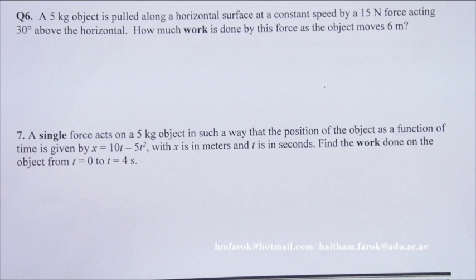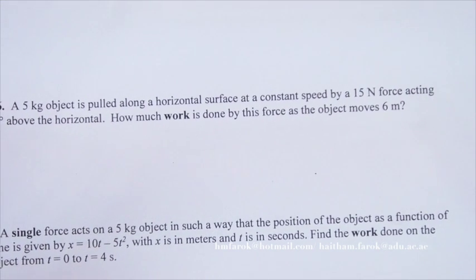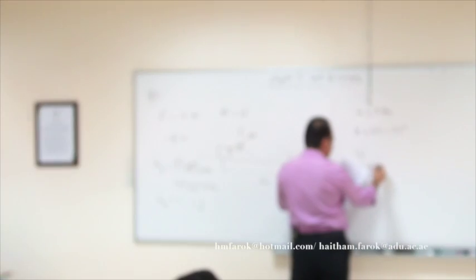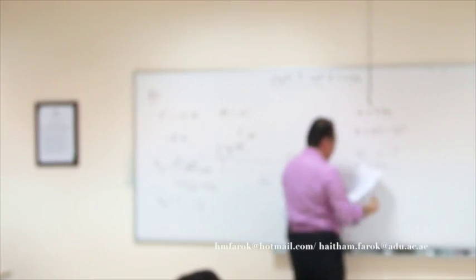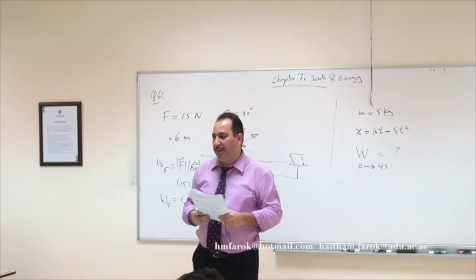X equal 10t minus 5t squared. X is in meters, t in second. The question is find the work done to move the object from time 0 to time 4. We need the work from 0 time to 4 seconds. Okay? We need the work.